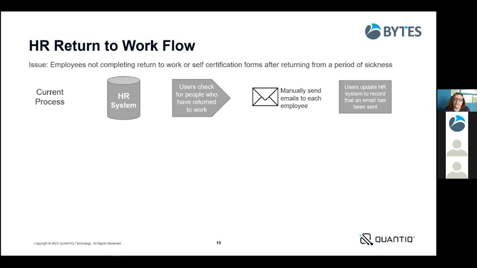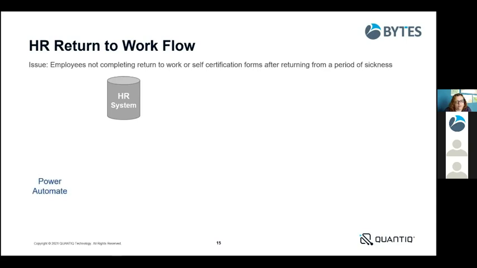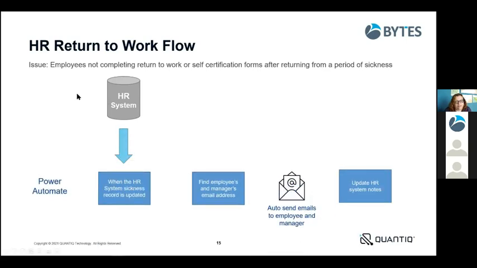And then they'd manually update the HR system to say, we've sent the email, this is if we've had a response or not, this is the attachment that we were sent. Everything was very, very manual. So what we put in place instead was, we said, well, when the data in the HR system is updated, so when somebody puts an end date in for their sick leave period, that's going to trigger this Power Automate flow.